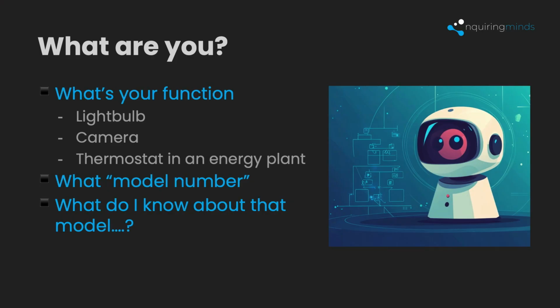So then, what are you? What is your function? Obviously, a light bulb and a camera are quite different, and that's very different, as Peter was saying in the panel earlier, from the thermostat on energy plants. They're all IoT devices, but the function that they are delivering is critical to being able to evaluate their trustworthiness.